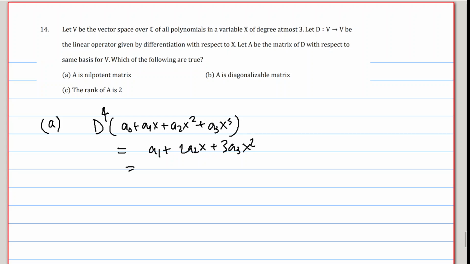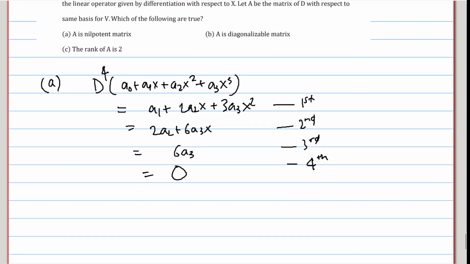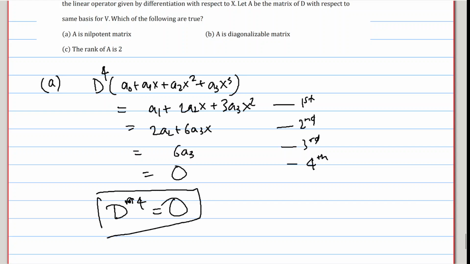Again differentiate: 2a2 plus 6a3x, that is the second differentiation. The third differentiation is 6a3. What will be the fourth differentiation? 0. That means D4 is the 0 matrix, or you can say A power 4 is 0. That means A is nilpotent.